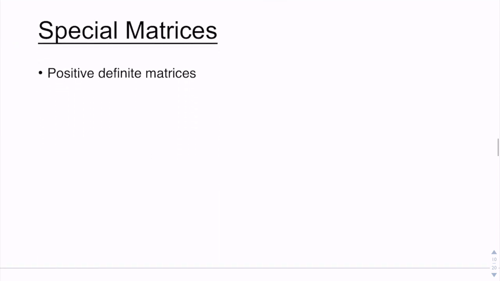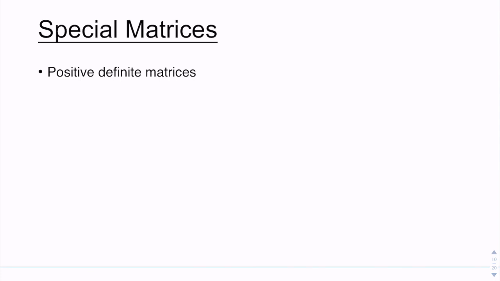Another type of matrices are positive definite matrices. So a matrix is called positive definite.